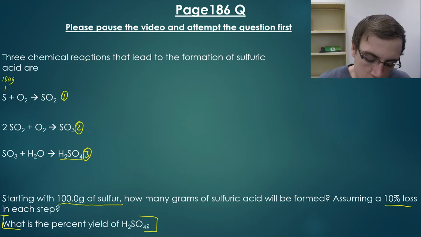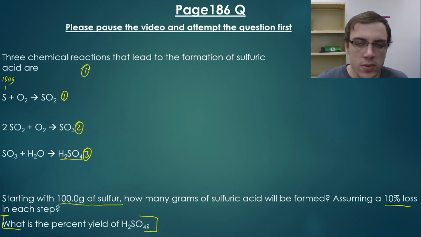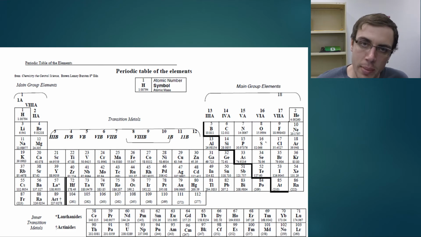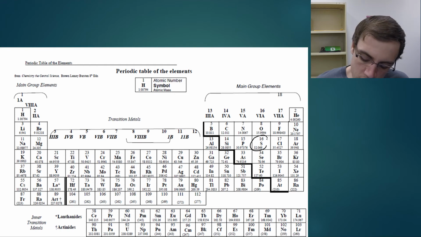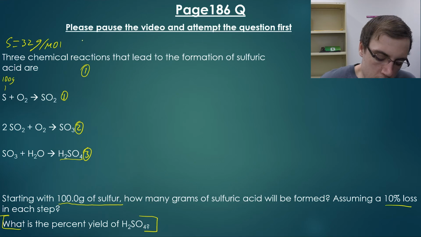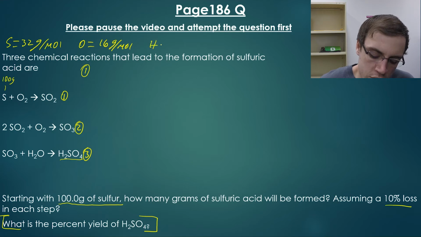So the first thing I'm going to do with equation 1 is I'm going to calculate the number of moles of sulfur. So if we have a look on our periodic table, we can see that the molar mass of sulfur is 32 grams per mole. And we also know that oxygen is 16 grams per mole and hydrogen is 1 gram per mole.